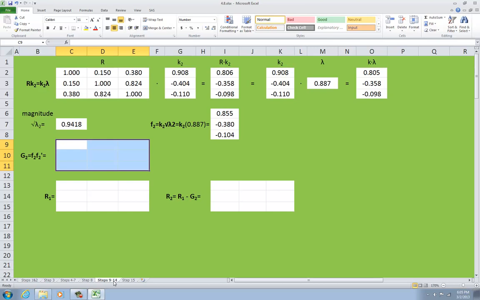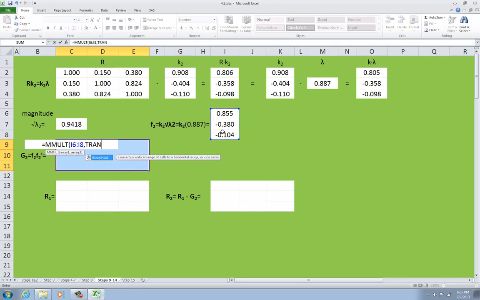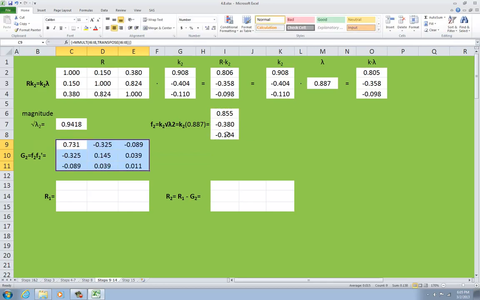So this is equal to F2 times the transpose of F2. And then this matrix of second factor products is subtracted from the matrix of first factor residuals to obtain the matrix of second factor residuals.